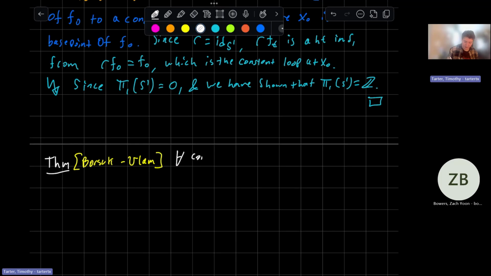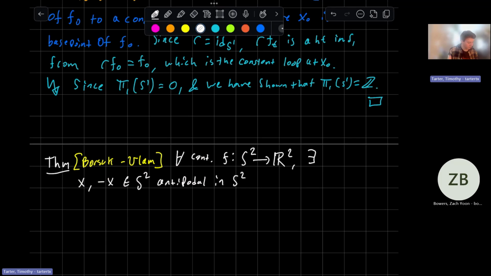For every continuous f from the 2-sphere to R2, there exist x and minus x, which are antipodal in the 2-sphere, with f of x equal to f of minus x.